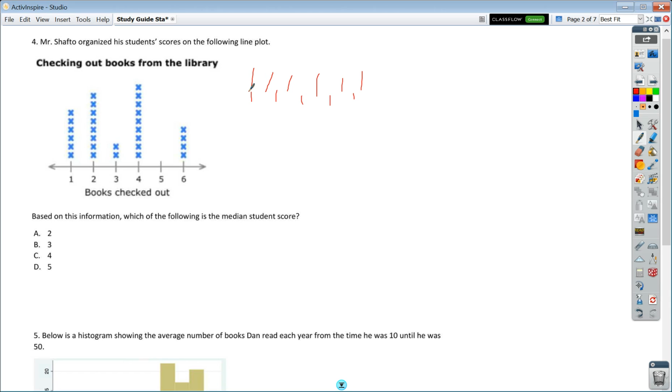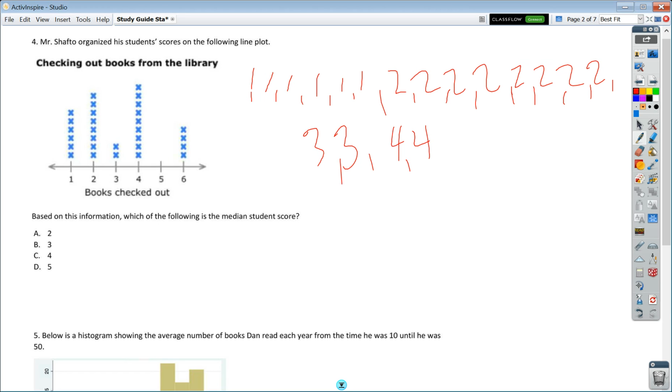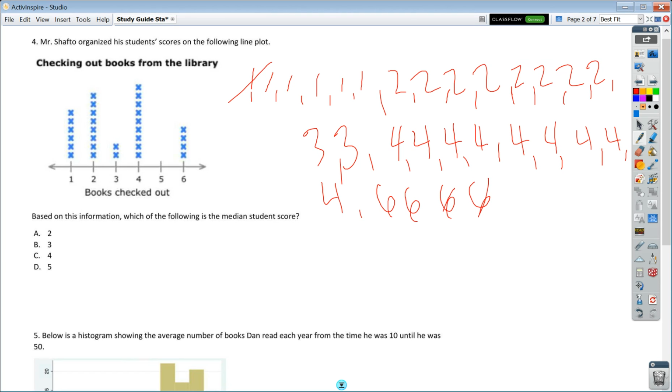And then there's 8 2s, so that'd be 2, 2, 2, 2, 2, 2, 2, 2. There's 2 3s, that'd be 3, 3. And then there's 9 4s, 4, 4, 4, 4, 4, 4, 4, 4, 4, 5, 6, 7, 8, 9, and then 4 6s, 6, 6, 6, 6. So I would just cross these off until I get to the middle.